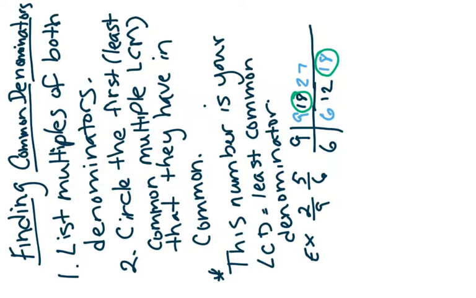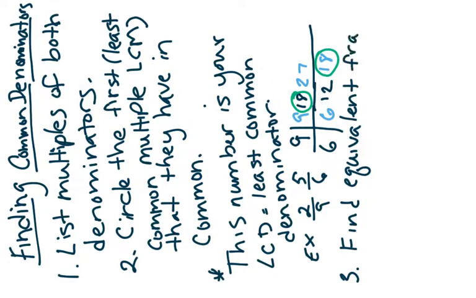All right, so we're going to find step 3, find equivalent fractions with the LCD, which is 18, your least common denominator.